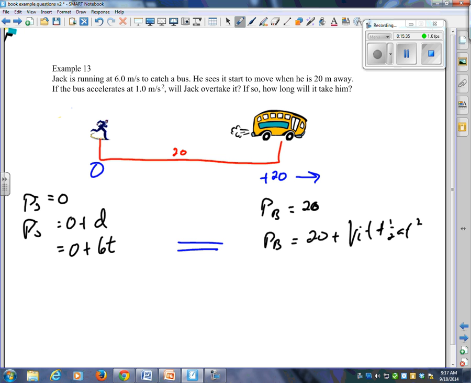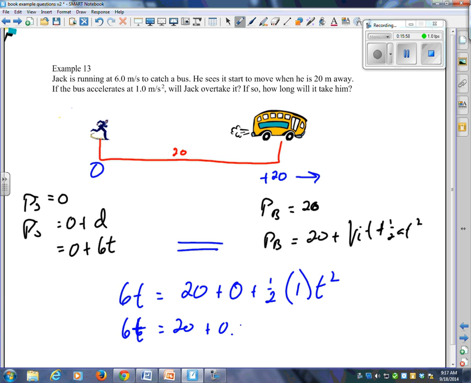When the positions are the same, Jack has caught the bus. So I'm going to have 6t equals 20 plus, oh, I guess I didn't complete this over here. The initial velocity of the bus we're going to have to assume is 0. 1/2, the acceleration of the bus is 1, t squared, so 6t is equal to 20 plus 0.5 t squared.